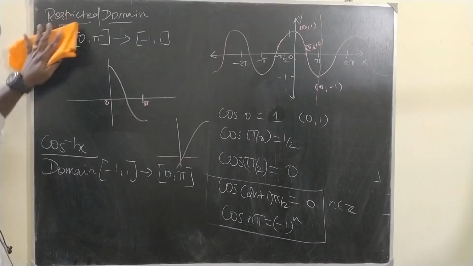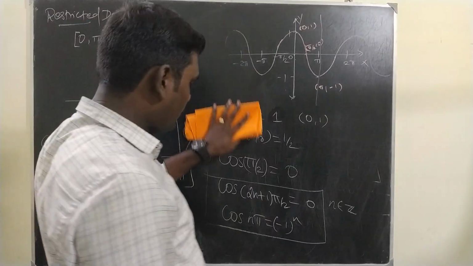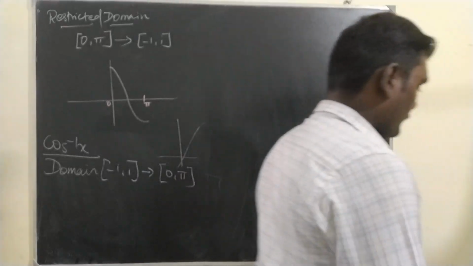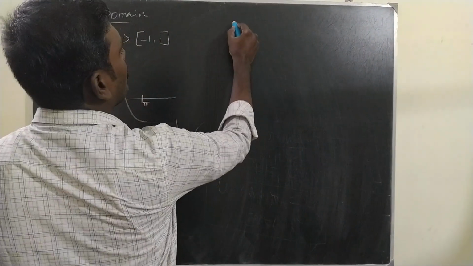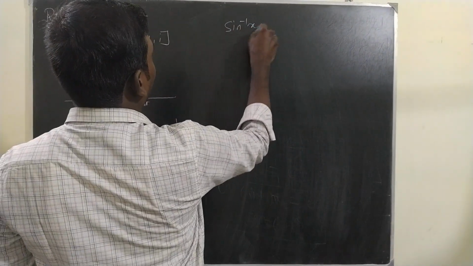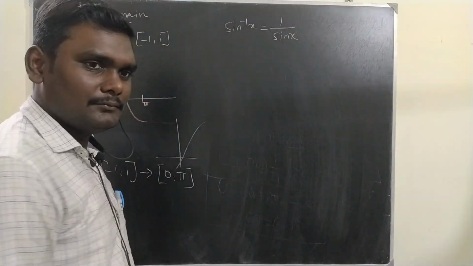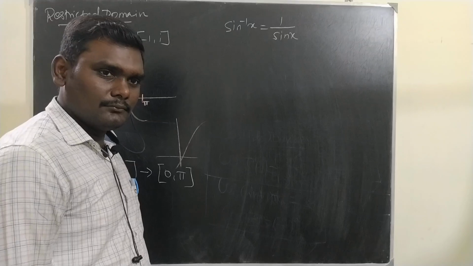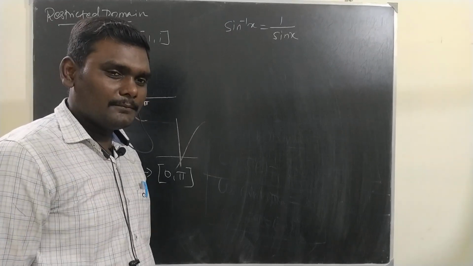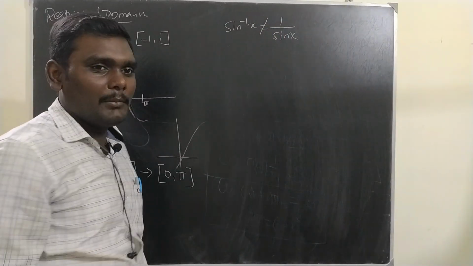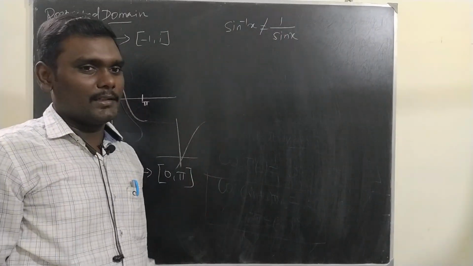Also, while working with inverse functions, some points have to be noted. See, sine inverse of x, if I write this, does that mean 1 by sin x? We used to write this, right? No, it doesn't mean that. That is a separate notation.